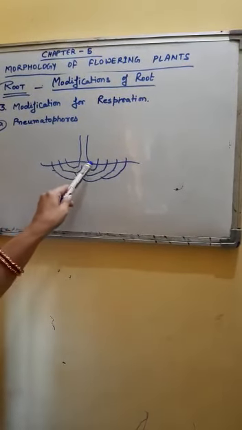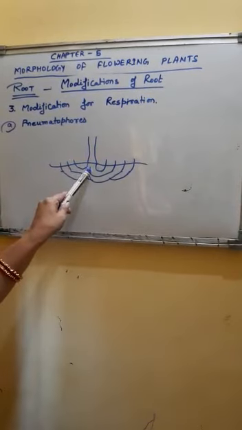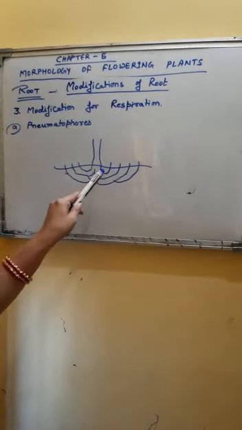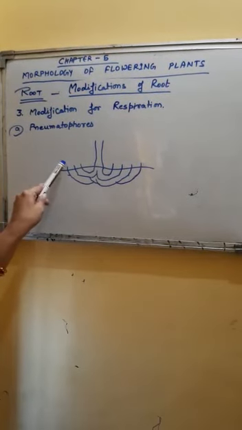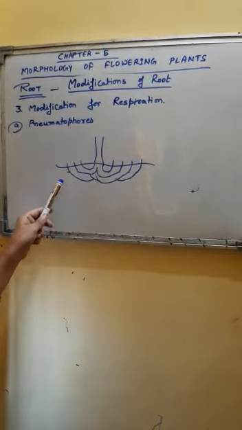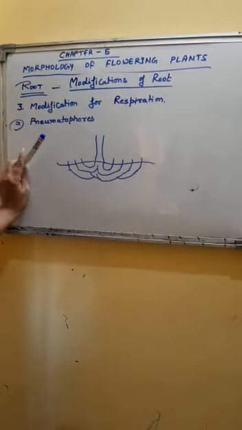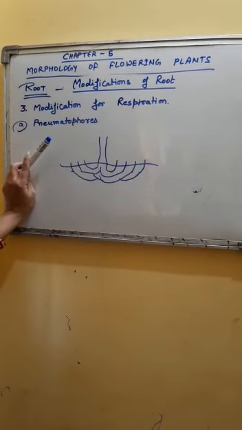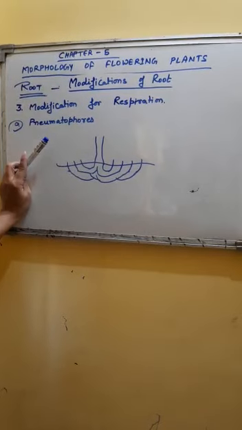So these are not new plants growing out, but these are the roots of that single plant which have grown upwards to get enough oxygen for the process of respiration. Such type of roots are called pneumatophores, and these are found in mangroves like Rhizophora, etc.